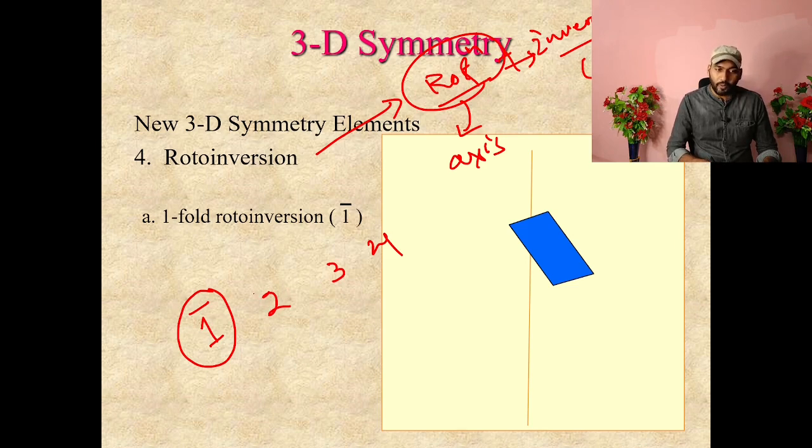But when we put a bar above 2, it will become two-fold rotation plus inversion. Similarly, only 3 or 4 will represent a three-fold or four-fold rotation axis. If we put a bar above them, it will represent roto-inversion symmetry: three-fold rotation plus inversion, and similarly four-fold rotation and then inversion. So we'll start with 1 bar, then we'll go to 2, 3, 4 and 6.